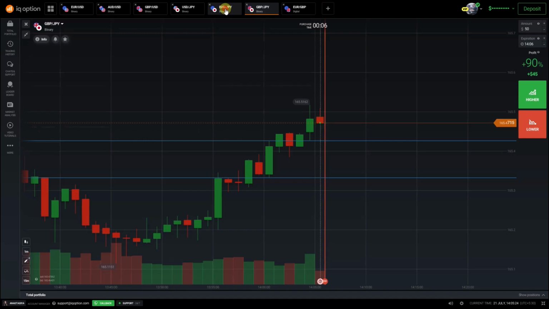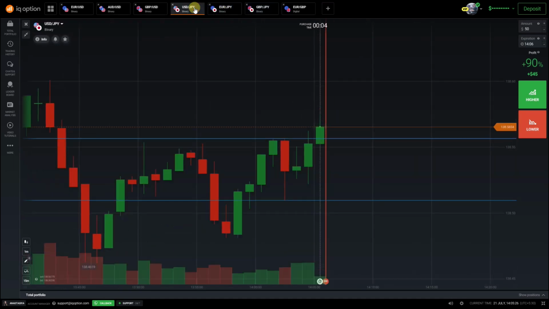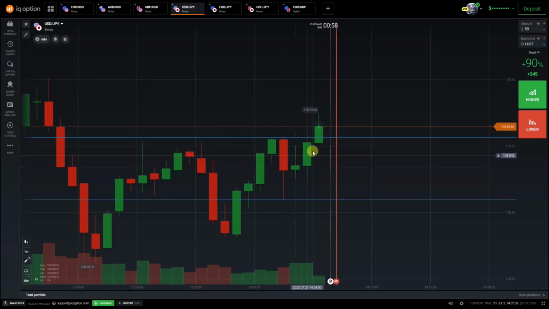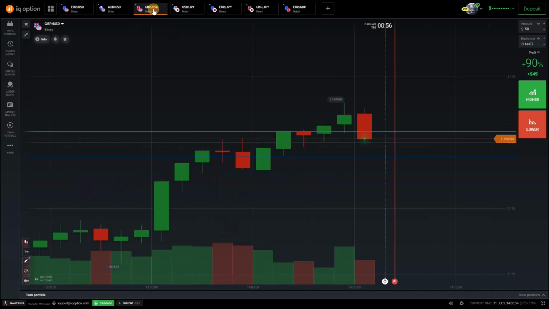Let's check here. No, here, no. Why am I not using the range expansion here? You can see the price is moving up, so range expansion sometimes will not work for you.